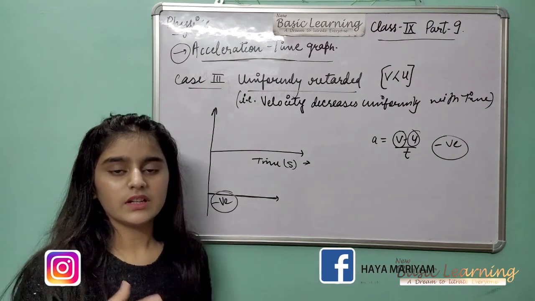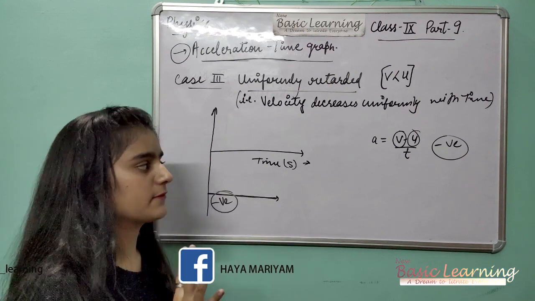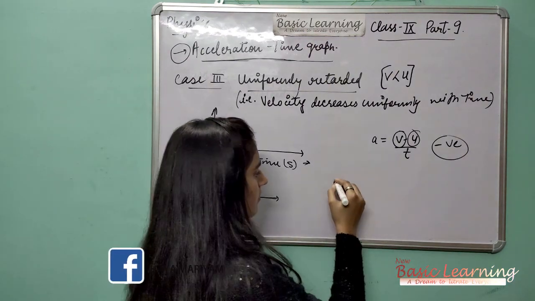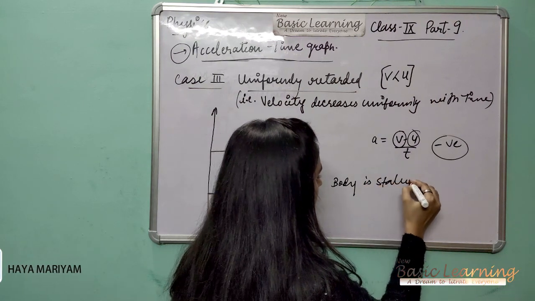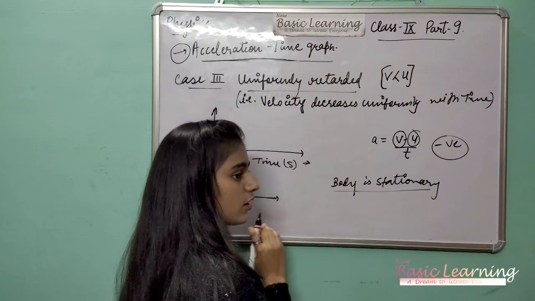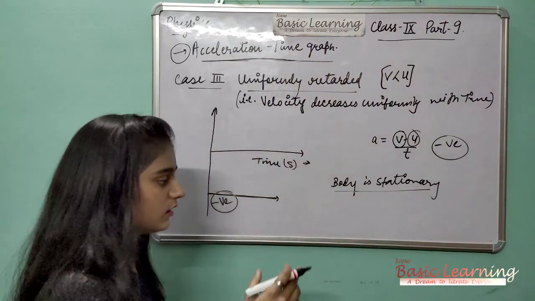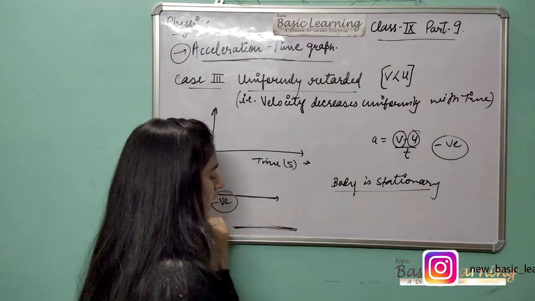Now we have done the four types. If you remember, in the first case the body was stationary. When the body is stationary, the graph will overlap on the time axis.